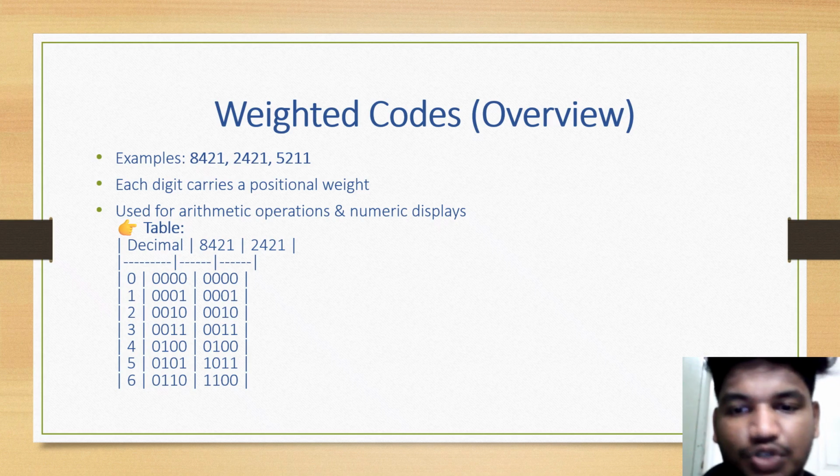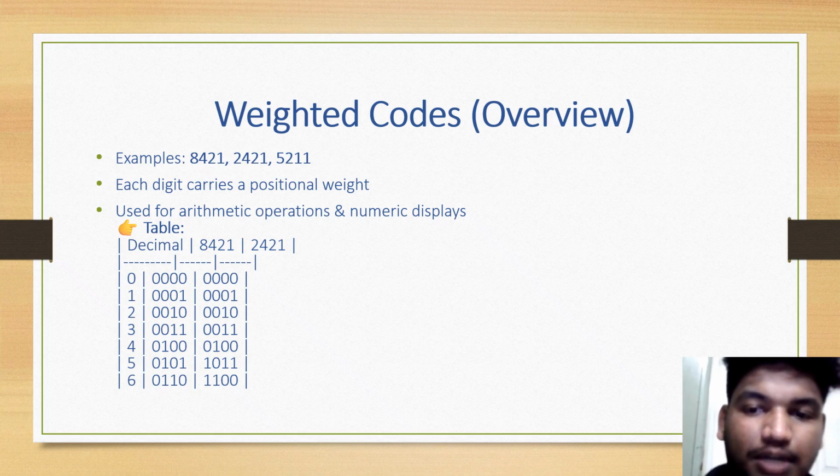In 8421 code, 2 is represented as 0010, 3 as 0011, 4 as 0100, 5 as 0101, and 6 as 0110. Up to which number is the 8421 code valid? Up to 14 numbers the 8421 code is valid.